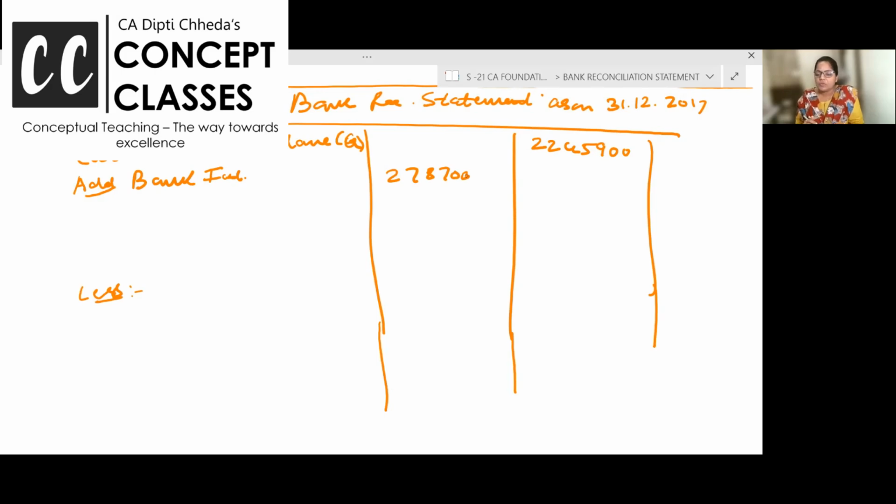Check is issued before 31st December but not presented. When I issued the check, bank account credit. But until now they have not presented. अभी तक पैसे गए ही नहीं, मेरे account में debit ही नहीं हुए. But I have credited. So now I should reverse it. Debit. This is already credit. I want to debit. So what I should do?